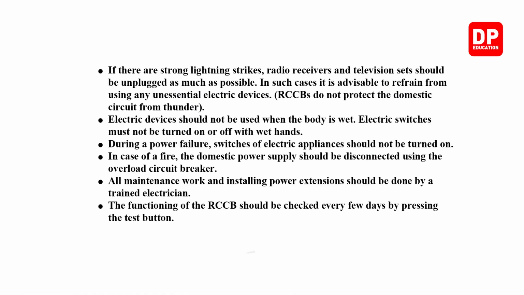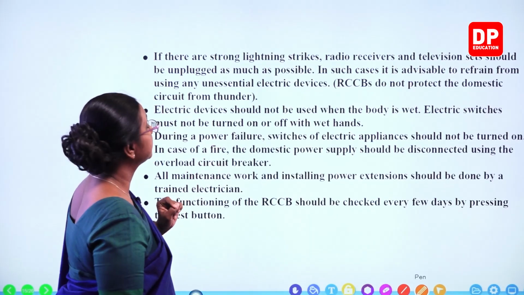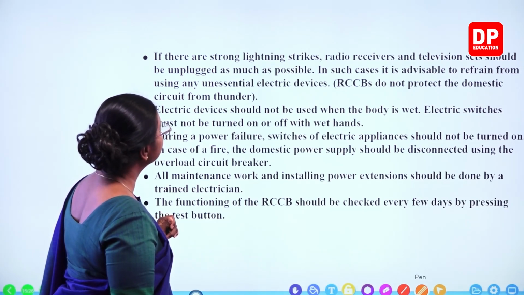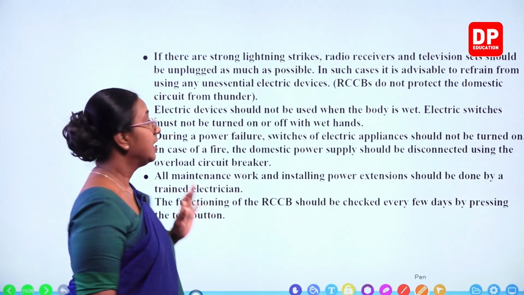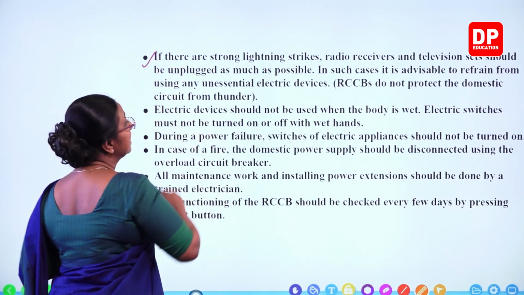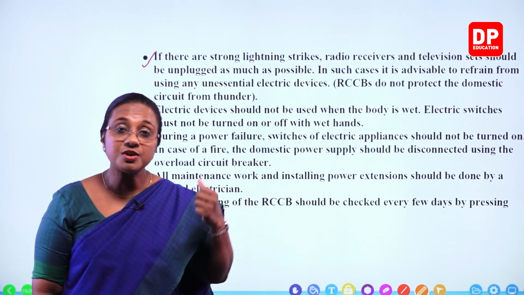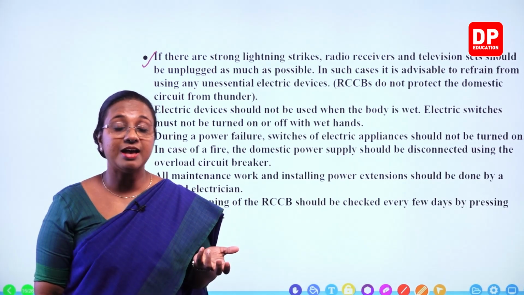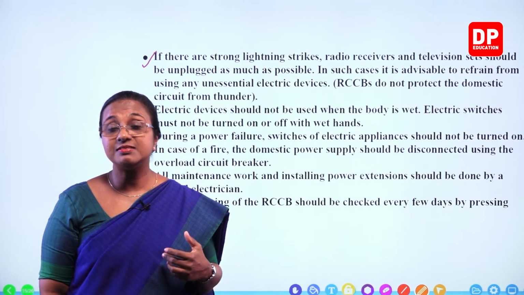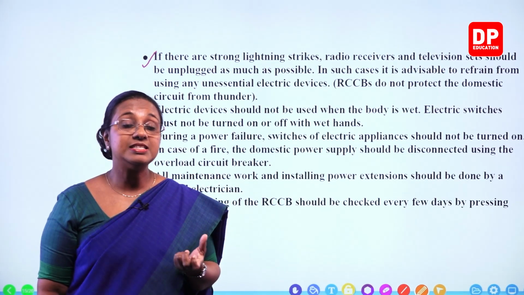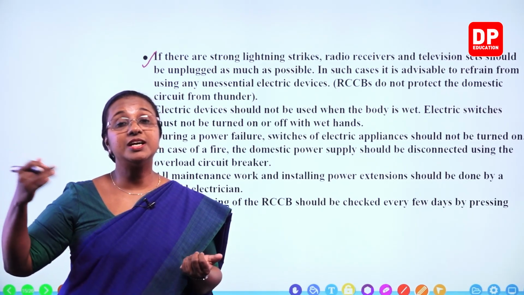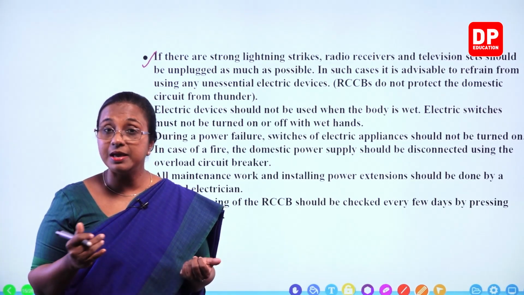Here you can see, if there are strong lightning strikes, radio receivers and television sets should be unplugged as much as possible. Now, why mainly the radio and television? Because they have ways of receiving signals. They usually have antennas or signal receivers, and sometimes you even connect them to different types of cables.